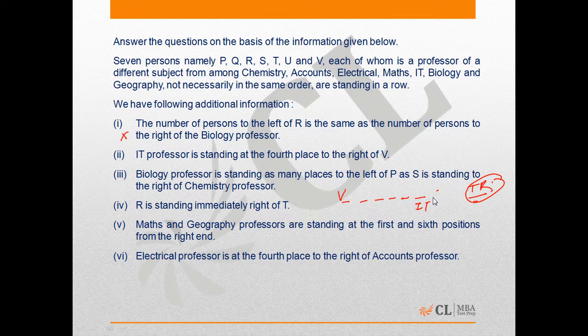From here, we can conclude that IT professor is not standing at the first place from the right. So there are two possibilities: either he's second from the right or he's third from the right, because two persons can be accommodated to the right of IT professor.